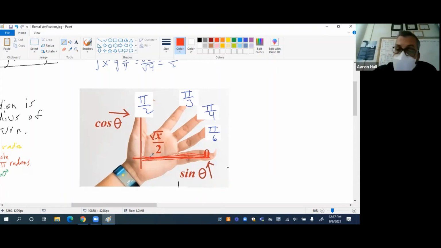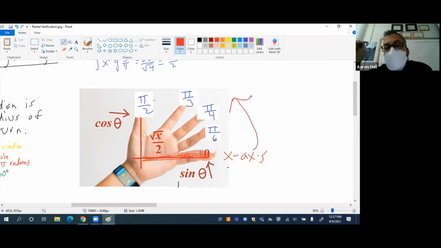So the positive x-axis is the initial side. If we rotate counterclockwise, are the angles positive or negative? Positive. If we rotate clockwise, it is? Negative. Yeah, we have negative angles.